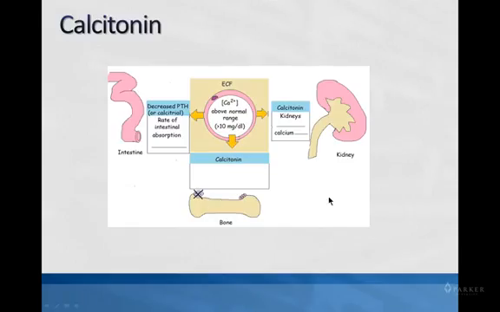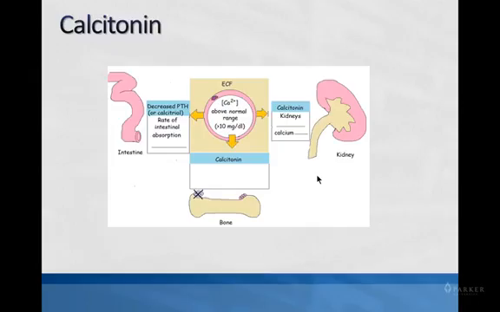At the level of the kidneys, it is going to allow calcium loss, or you can say any calcium that is filtered, we're not going to reabsorb as much. So it's going to promote excretion of calcium by the kidney.